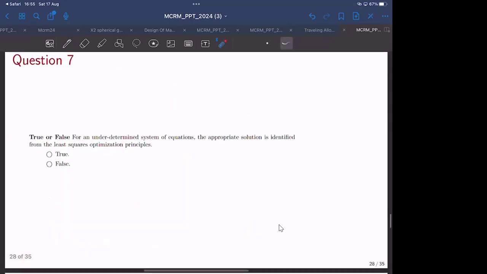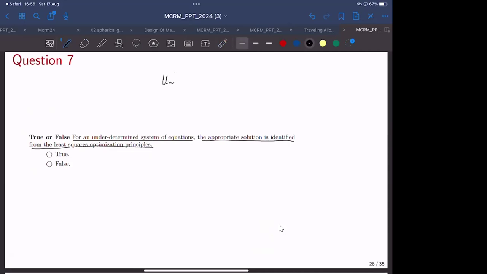Question 7: for an underdetermined system of equations, the approximate solution is identified from the least square optimization principles. Is that true or false? When the system is underdetermined, what is the fact that we have covered earlier?